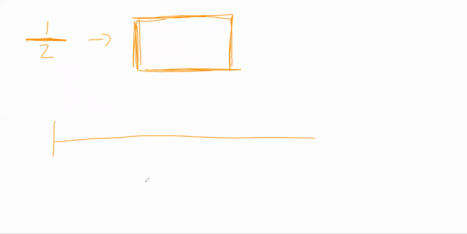So here's our fraction. Now, if you remember this whole idea of modeling, we had modeled this as a rectangle. Well, when putting fractions on a number line, we're just gonna model it as a number line. And this model was always talking about the whole, right?